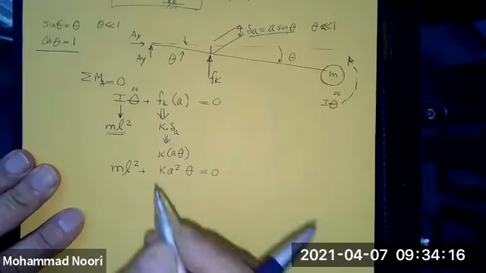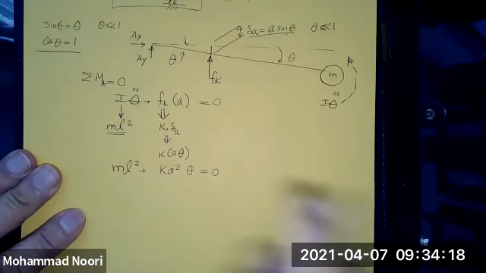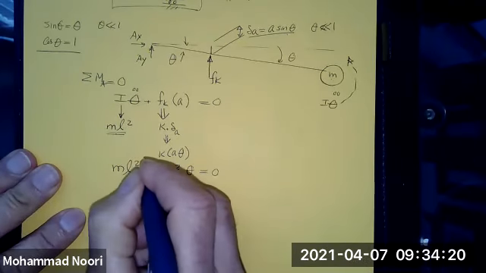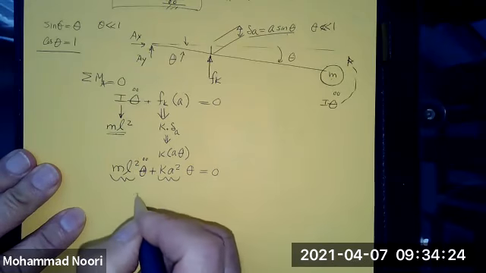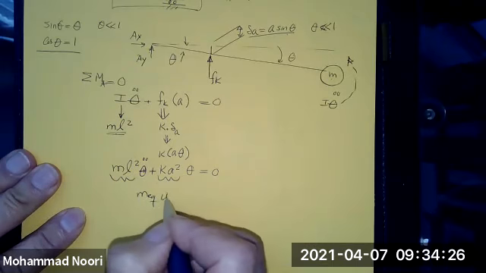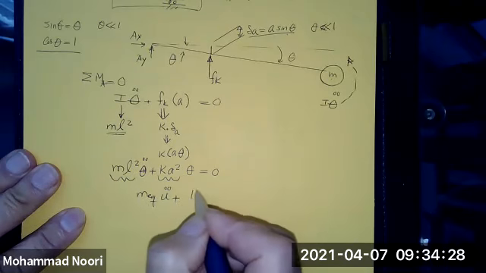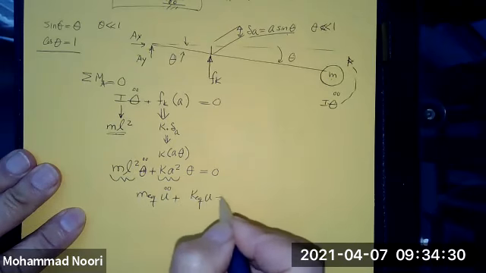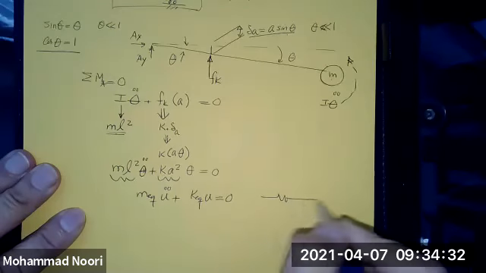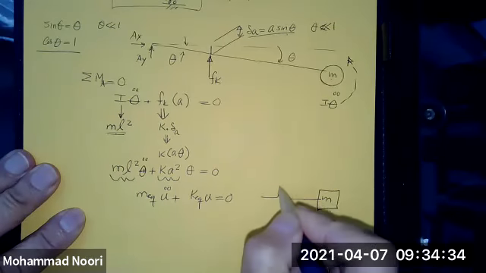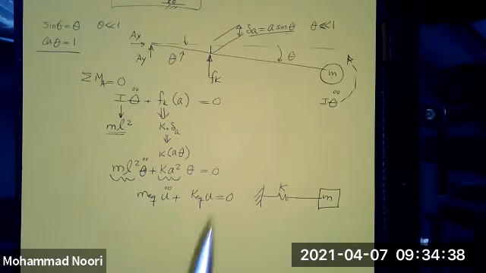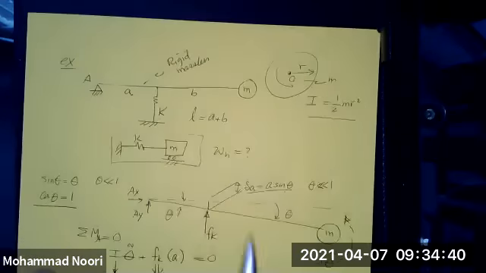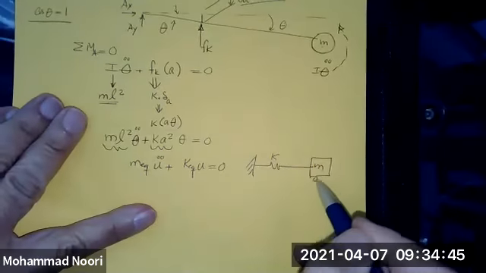Compare this with this equation, M u double dot plus K u is equal to 0, which is for this model. You have been able to replace this structure with this model.